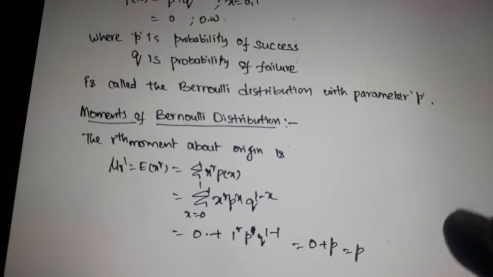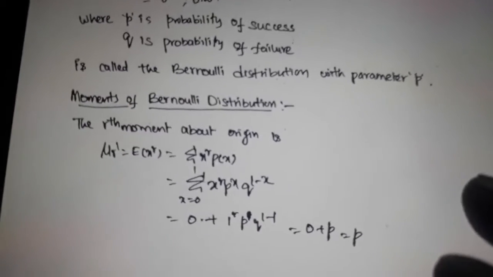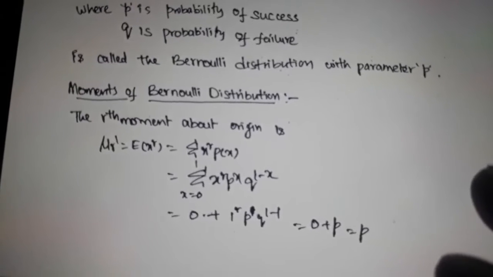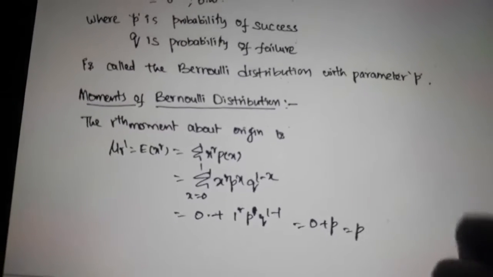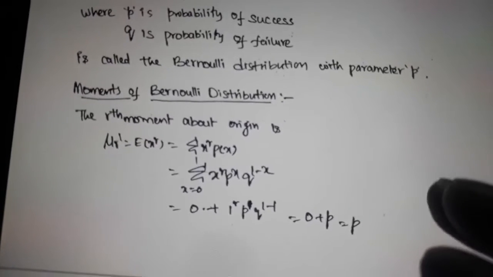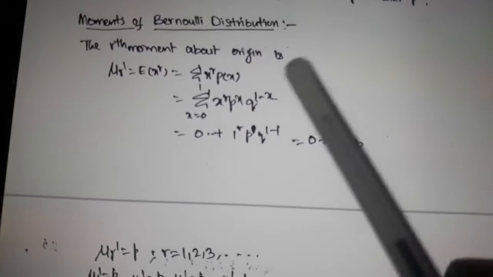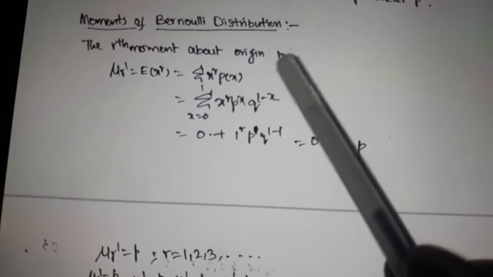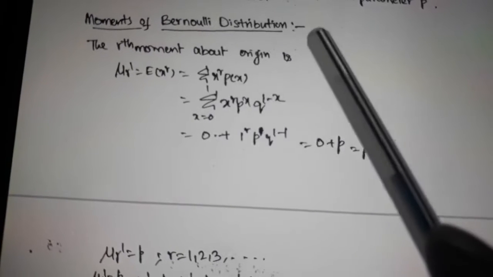Then how to derive the moments of Bernoulli distribution? You know very well about the moments in terms of expectation, the expectation in terms of summation. So the rth moment about origin, mu r dash, is expectation of x power r, so summation x power r into p of x. Here we consider summation because x is a discrete RV.